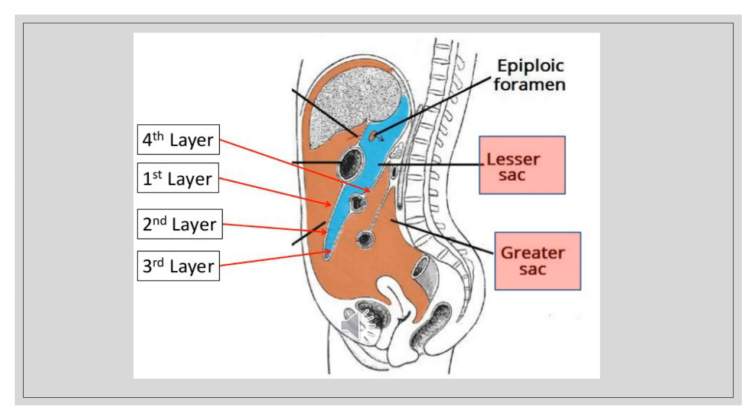In its upper part, the 4th layer is partially fused to the anterior surface of the transverse colon and the transverse mesocolon. The part of the peritoneal cavity called the lesser sac between the second and the 3rd layer gets obliterated, except for about 2.5 cm below the greater curvature of the stomach.